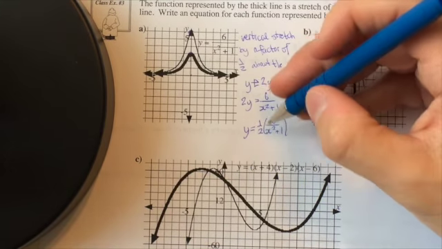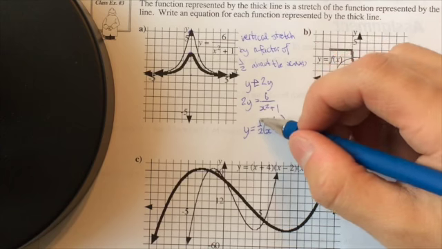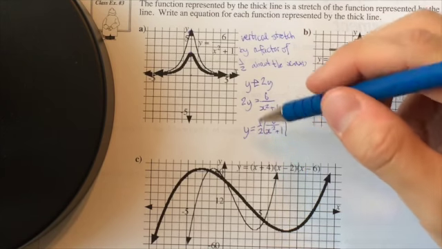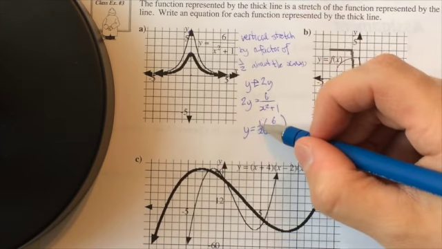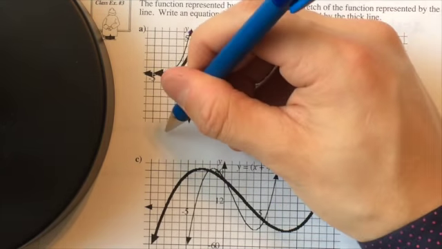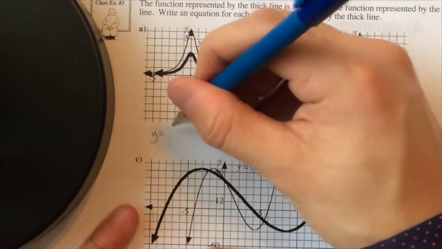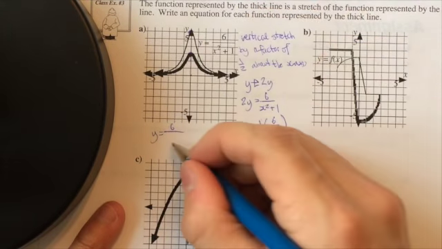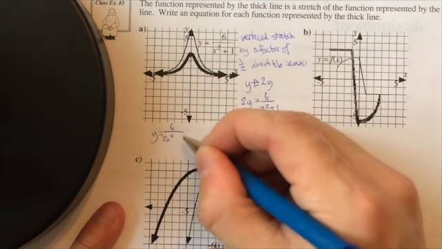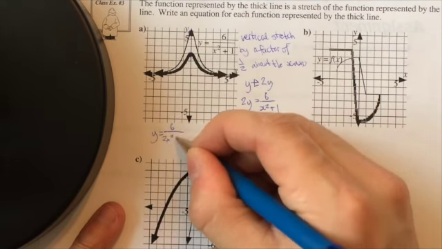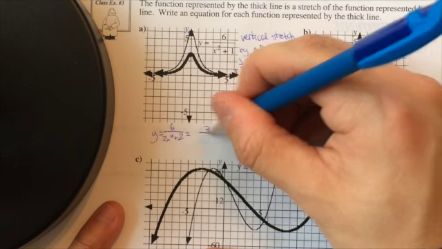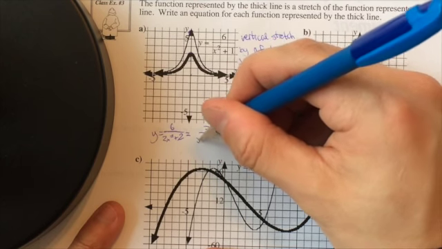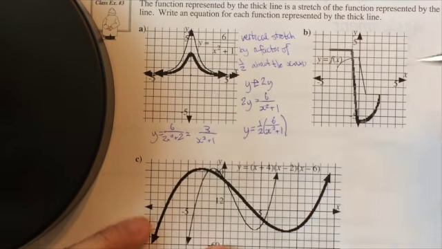I can leave it like this, or I can expand this as a function. If I expand this, I'm left with y equal to 6 over 2x squared plus 2, and if I factor the 2's out, then I'm left with 3 over x squared plus 1.